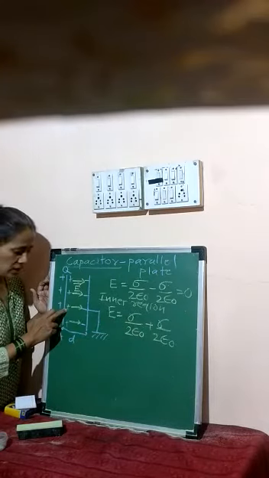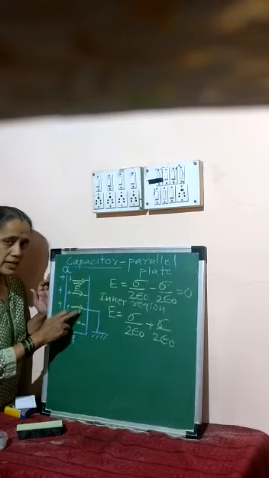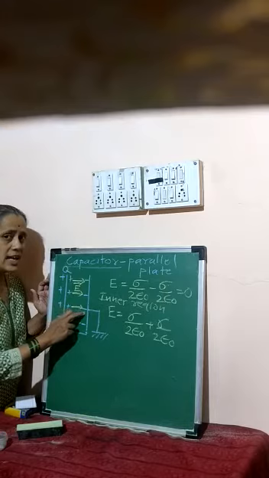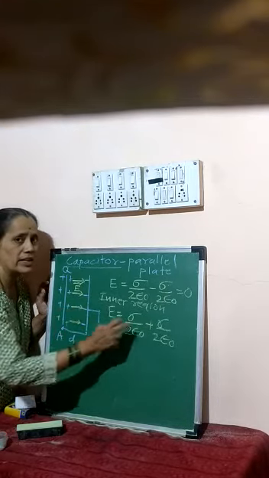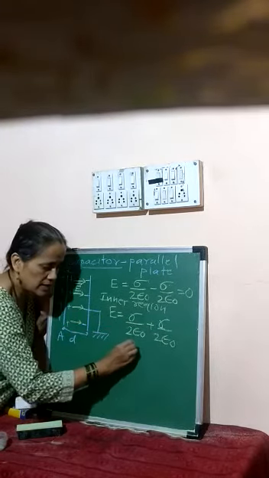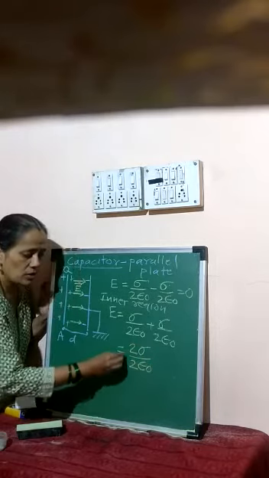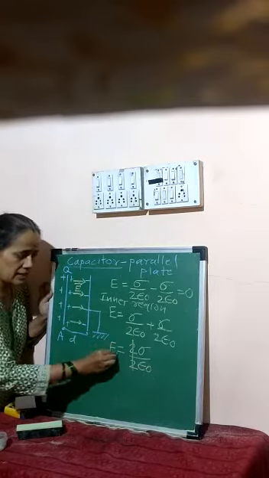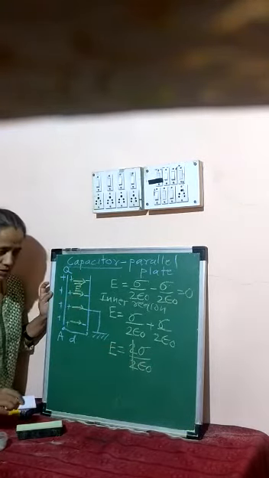From the plus Q charge, the intensity is directed toward the other plate, and from the negative charge, the intensity is also in the same direction. So the directions of the intensities are parallel, and as they are parallel, their intensities get added. Now the intensity becomes twice sigma upon twice epsilon 0. The factor 2 gets cancelled, so the intensity in the inner region is sigma upon epsilon naught.